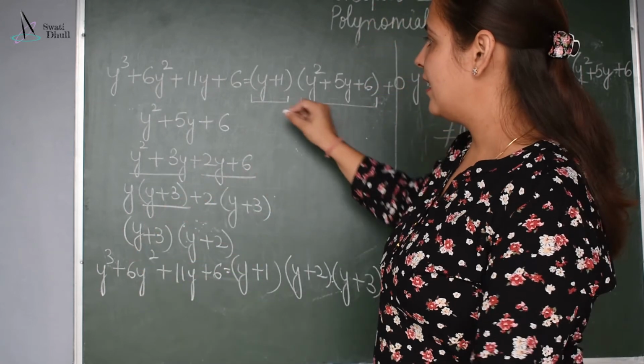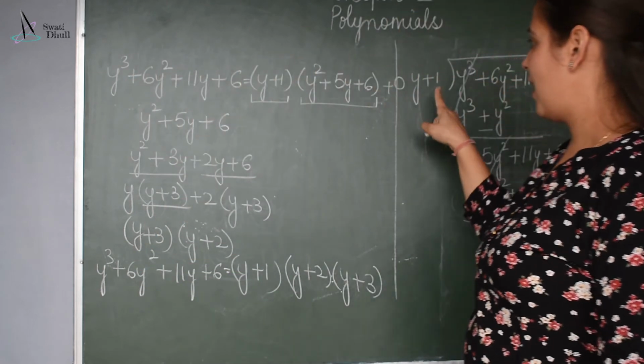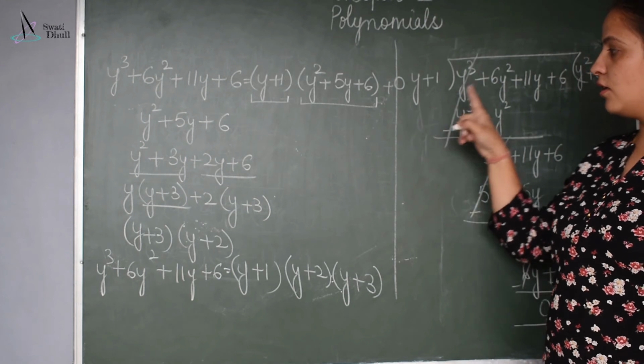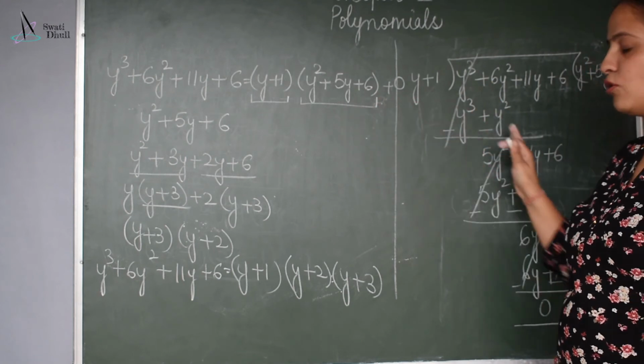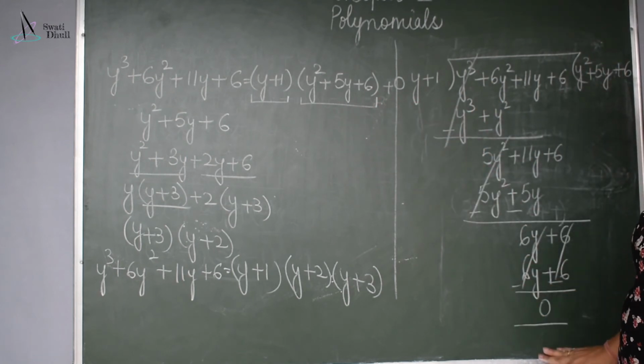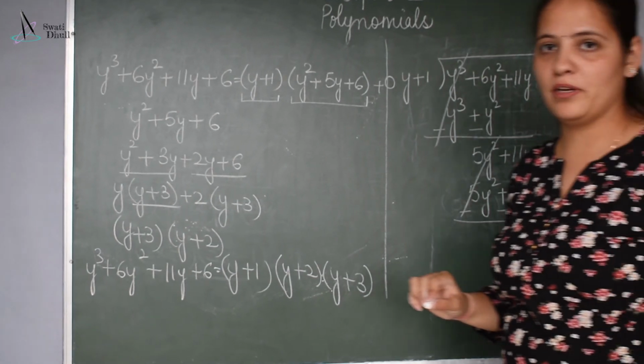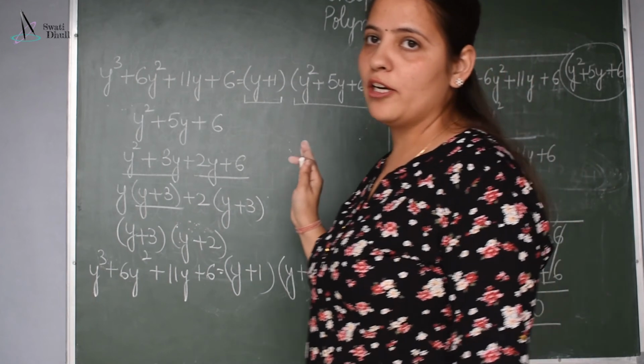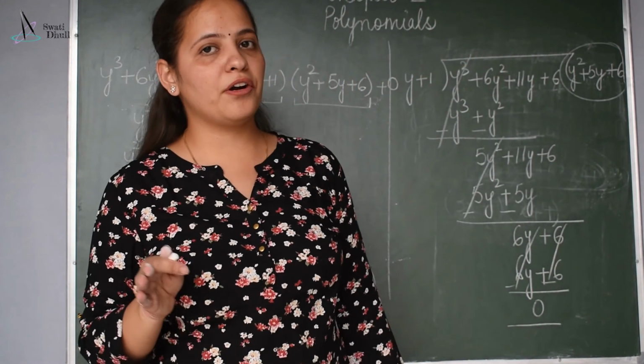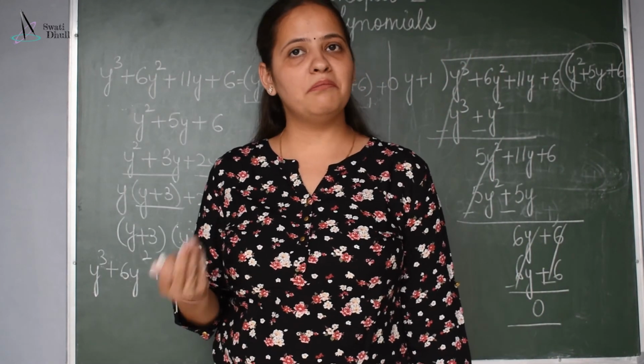Then you divide the polynomial by that factor. Since it is a factor, you will get the remainder as 0. When you get the remainder as 0, in the quotient you will get a quadratic polynomial. We can factorize the quadratic polynomial by splitting the middle term.